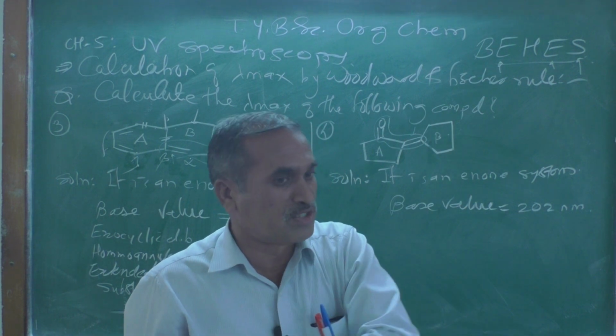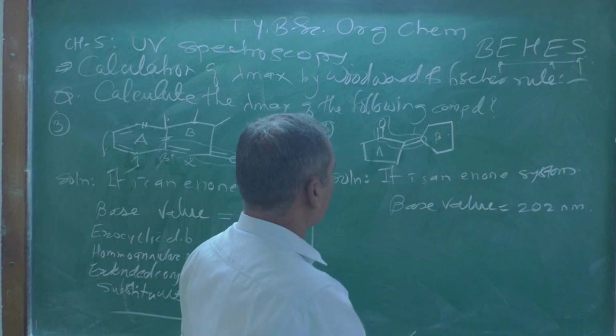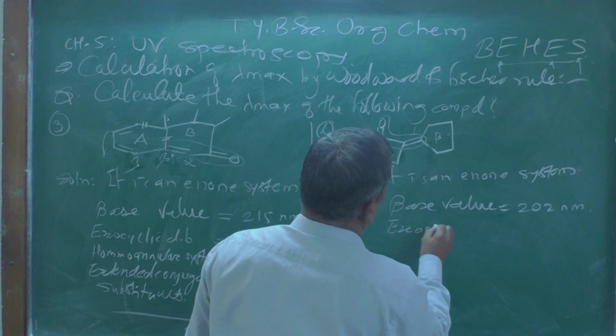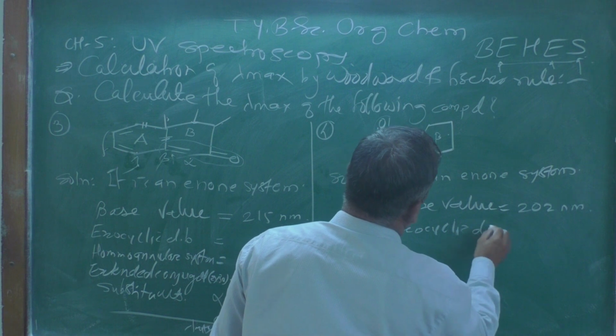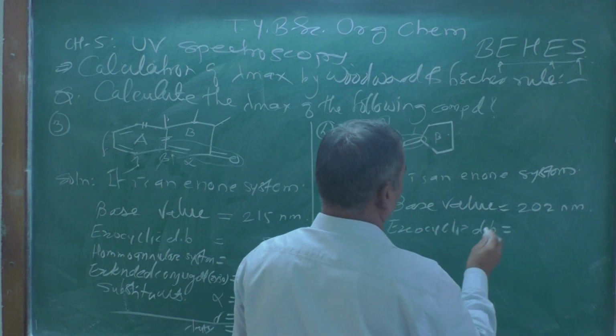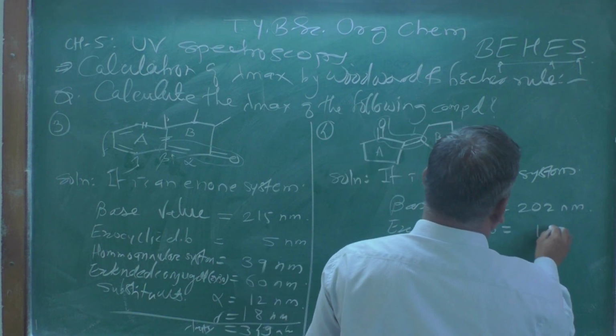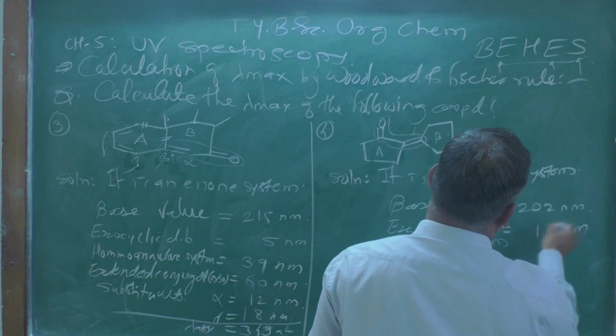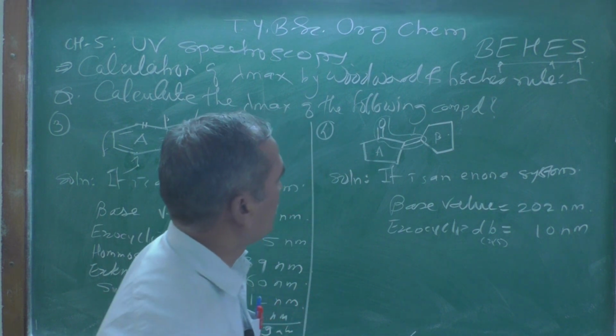So you should consider two exocyclic double bonds here. How many are there? 2. So you can add 10 nanometer, since 2 into 5 means 10 nanometer.